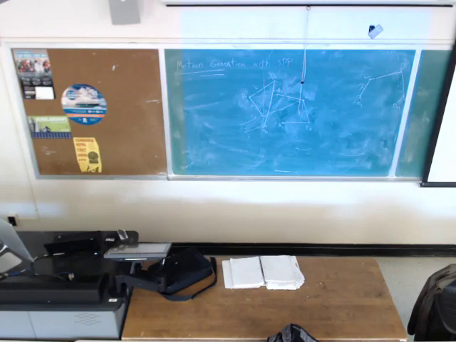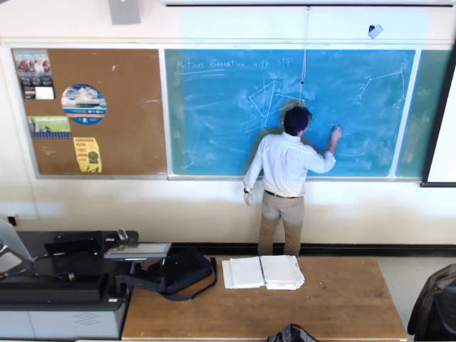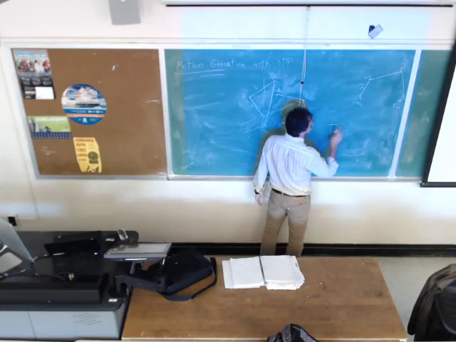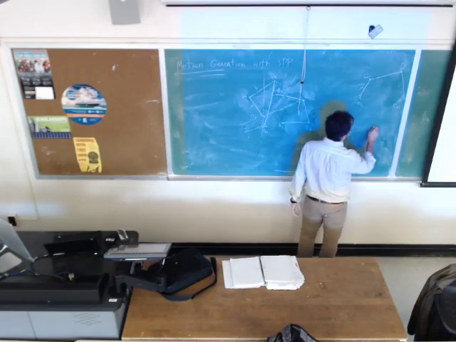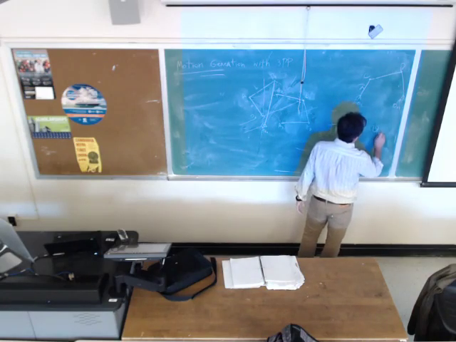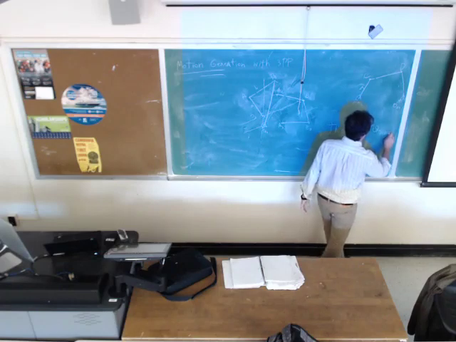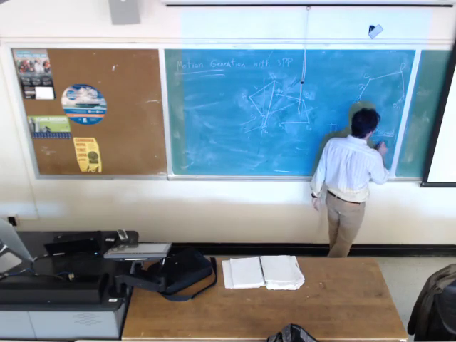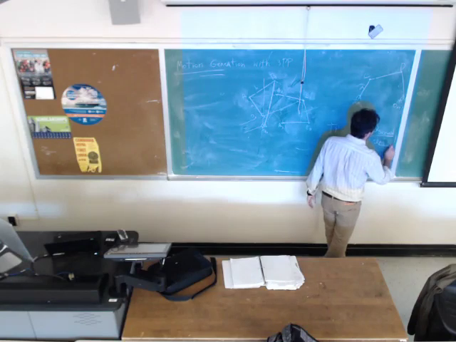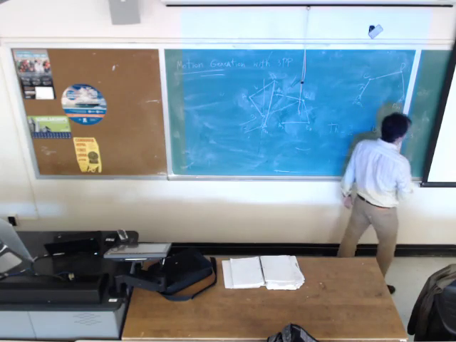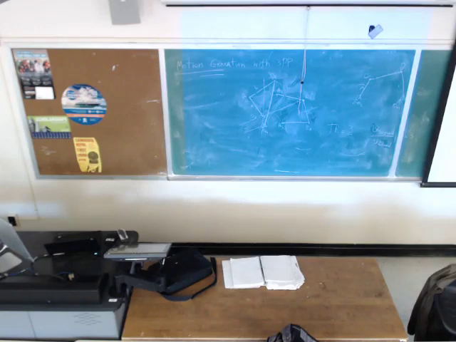So we would like to design a mechanism that, for example, provides a timing ratio of 3. What does it mean? Velocity of backward over velocity of forward is 3. So the backward motion, which is left to right, or return, is going to be 3 times greater than the forward.